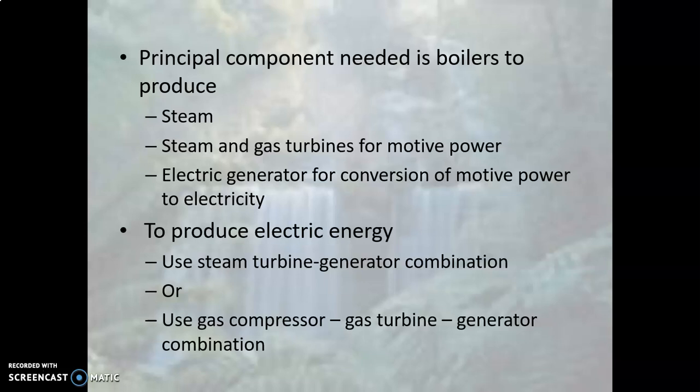To produce electric energy, a steam turbine is used in a generator combination, or a gas compressor and then a gas turbine and generator combination. Then it will provide electricity.